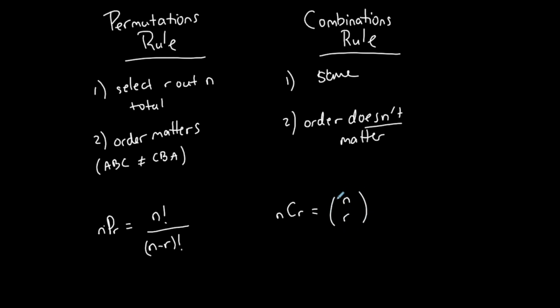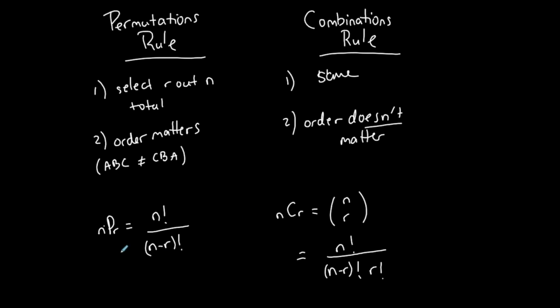Sometimes this is the notation for combinations if you ever see it that way. This is the one that the book uses, NCR. And this is N factorial over the quantity N minus R factorial times R factorial. It looks overwhelming, but it's not that bad. I'll show you how to use the formula, but there's also a calculator trick.